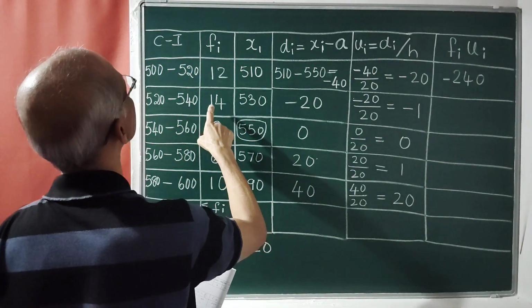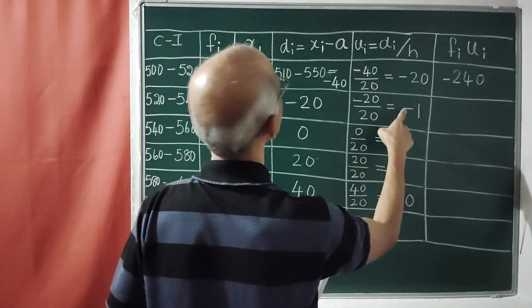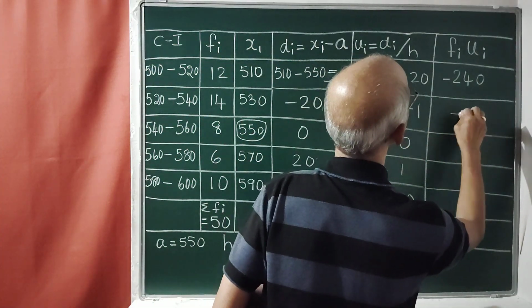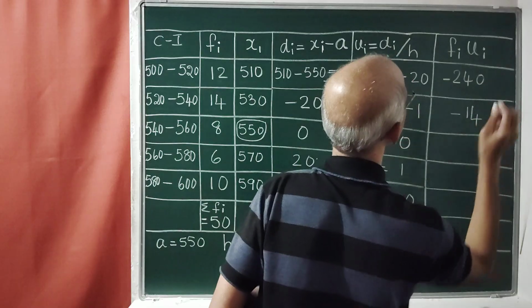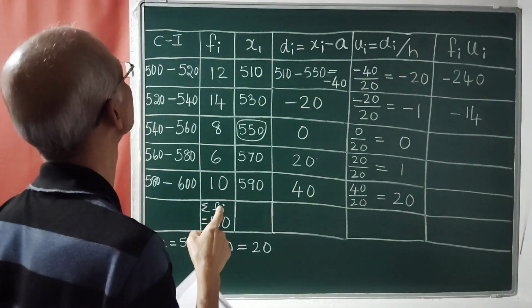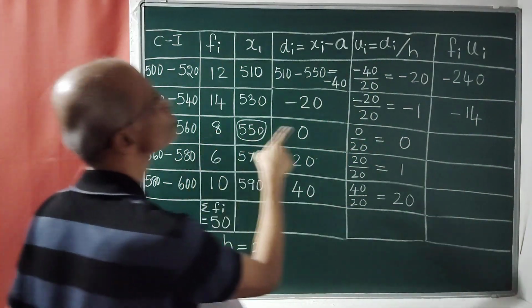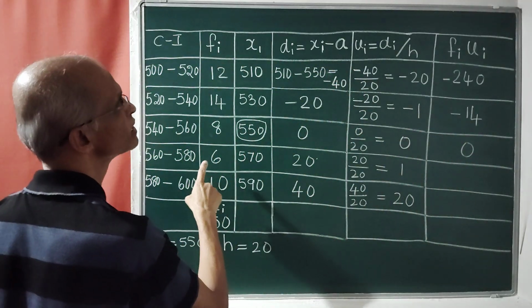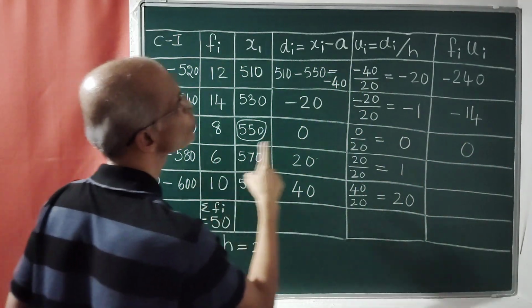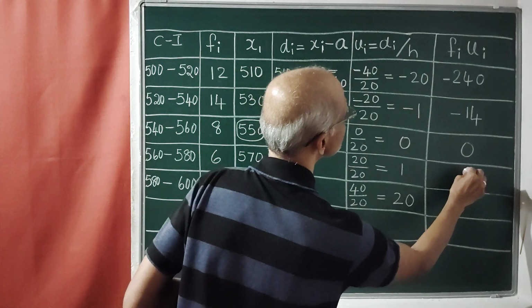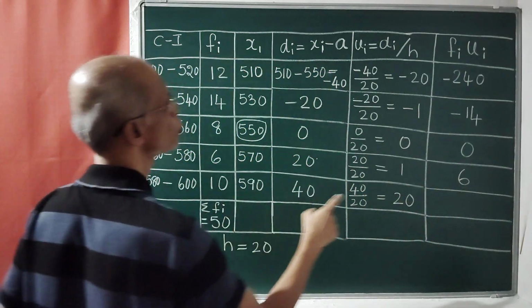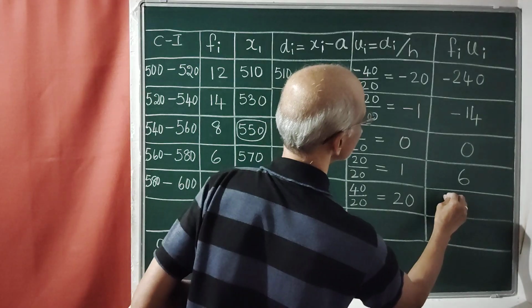Next 14 into minus 1, that is minus 14. 8 into 0, 0. 6 into 1, that is 6. 10 into 2, 20.